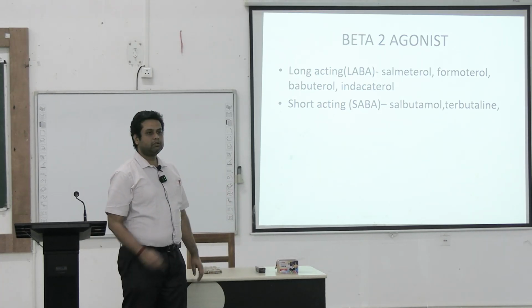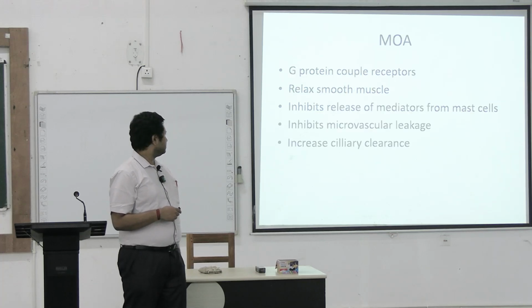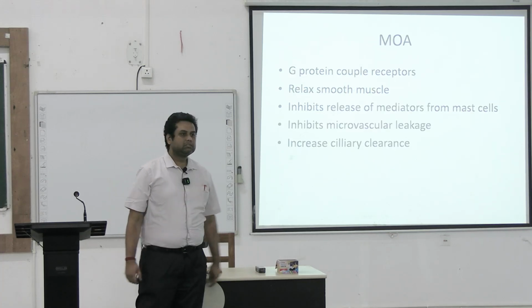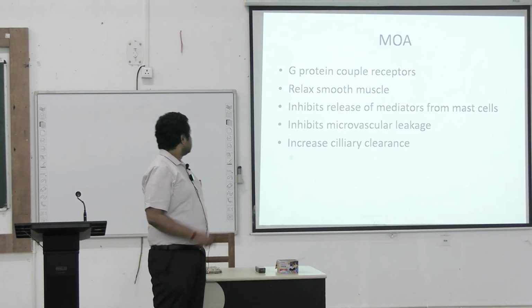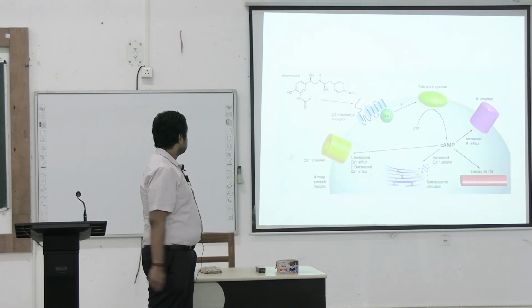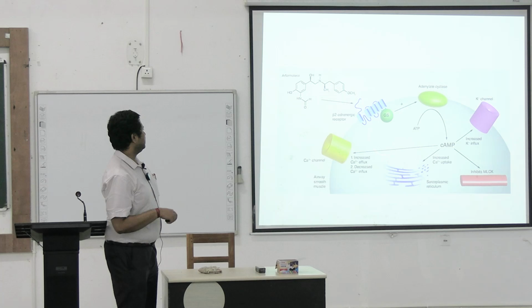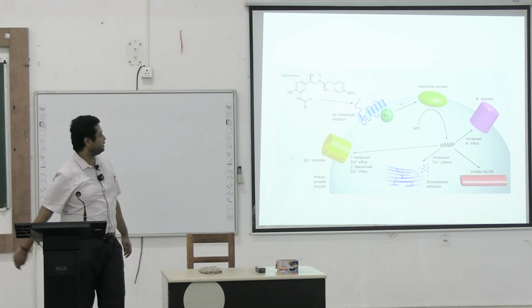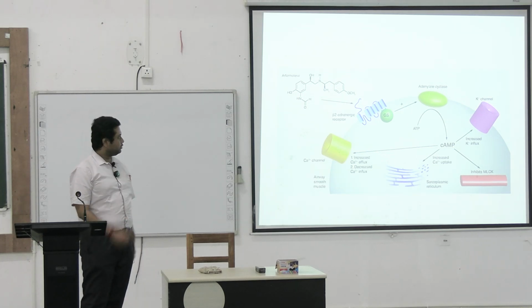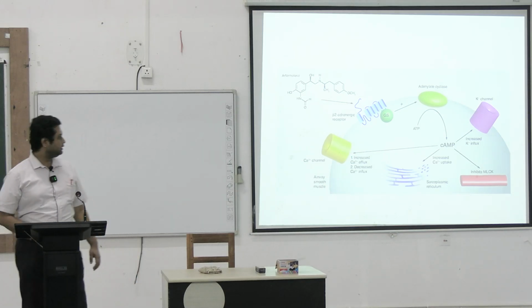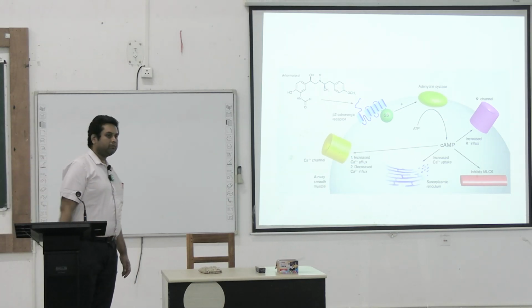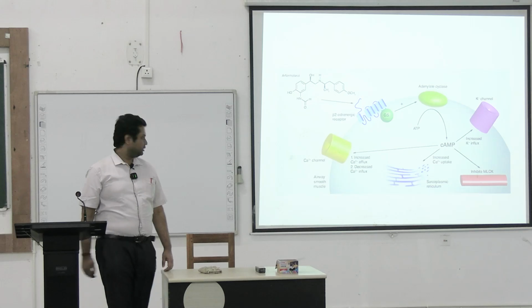So how does beta 2 receptor act? This is a beta receptor, a G protein coupled receptor. It stimulates adenyl cyclase that leads to production of cyclic AMP.